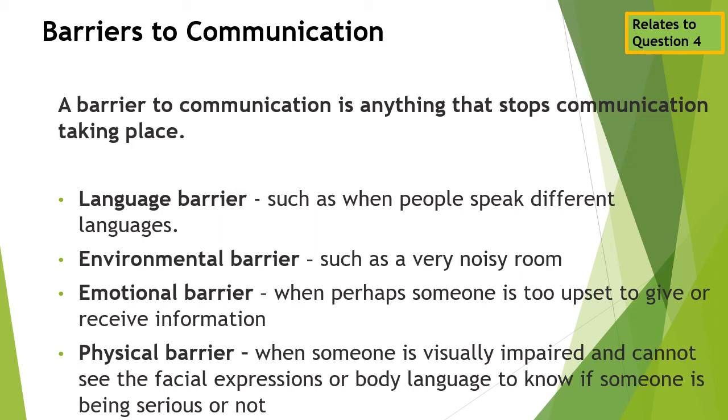An environmental barrier, such as a very noisy room. If there's background noise, it's a barrier to people communicating. Emotional barrier, when perhaps someone is too upset to give or to receive information. A physical barrier, when someone is visually impaired and cannot see the facial expressions or the body language to know if someone is being serious or not.